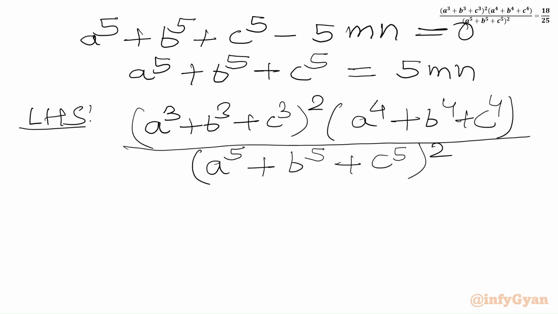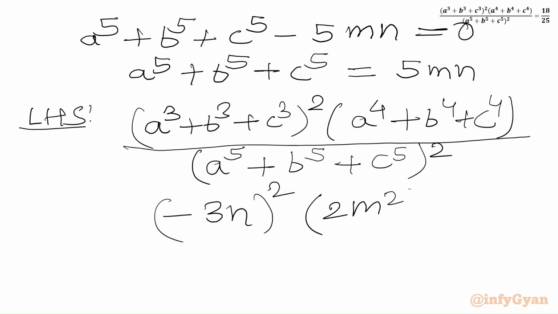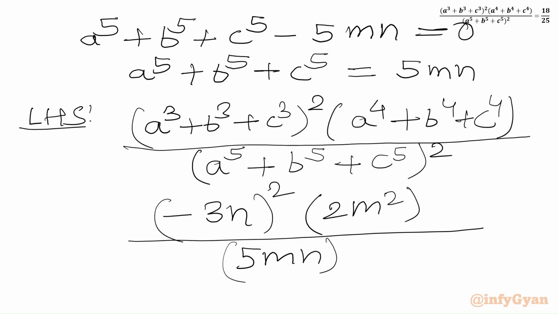A cube plus b cube plus c cube is minus 3n, then we will put power 2. A power 4 plus b power 4 plus c power 4 is 2m square. Denominator will be a power 5 plus b power 5 plus c power 5, which is 5mn, and then we will put power 2. So minus square is plus, so I will write here 9n square.